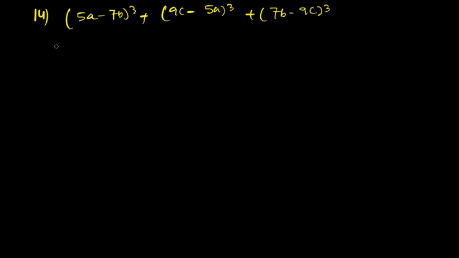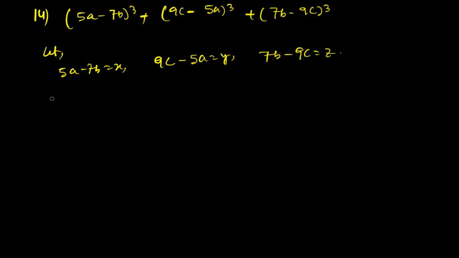Okay, so we will write let 5a minus 7b equal x, 9c minus 5a equal y, 7b minus 9c equal z.